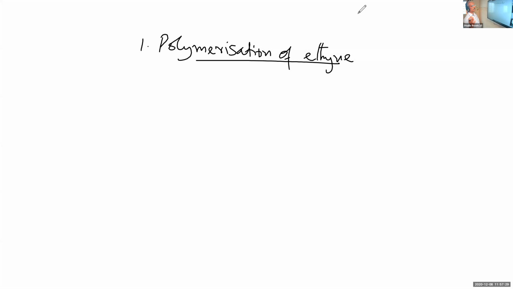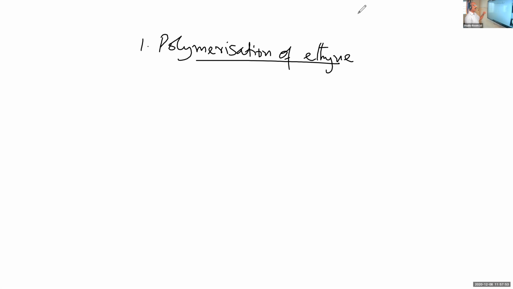That's called polymerization. The simple units are called monomers, and the macromolecule, the large molecule, is called the polymer, that we have seen yesterday. Here, let us think of the polymerization of ethylene or acetylene.